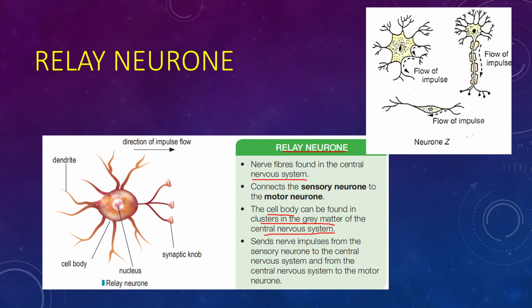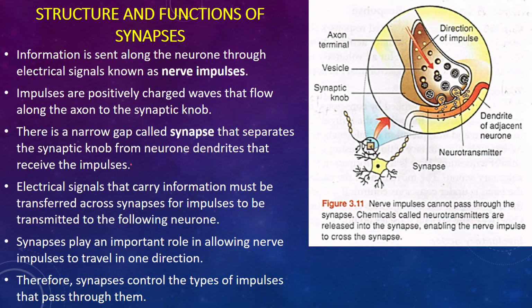So the function is to send nerve impulses from the sensory neuron to the central nervous system, and also from the central nervous system, leaving the central nervous system after the interpretation lah kan, integration, and then it's heading to the motor neuron. Inilah fungsi relay neuron itu.